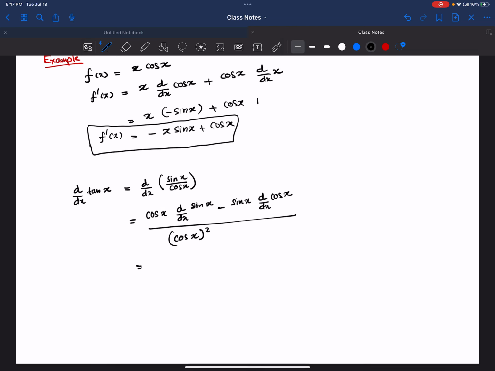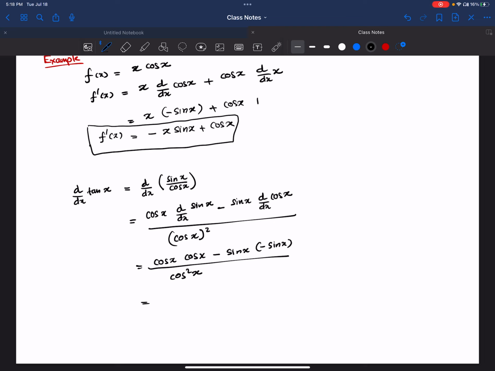And this is cosine x times cosine x, since d over dx sine x is cosine x, minus sine x times negative sine x, divided by cosine squared x.